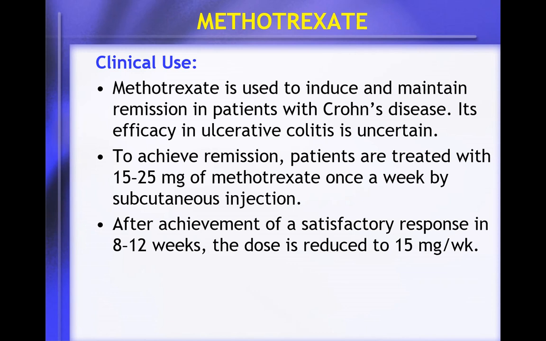To achieve recovery, the patients are treated with 15 to 25 milligram of methotrexate once a week by subcutaneous injection. After a satisfactory response in 8 to 12 weeks, means 2 to 3 months, the dose is reduced to 15 milligram per week.